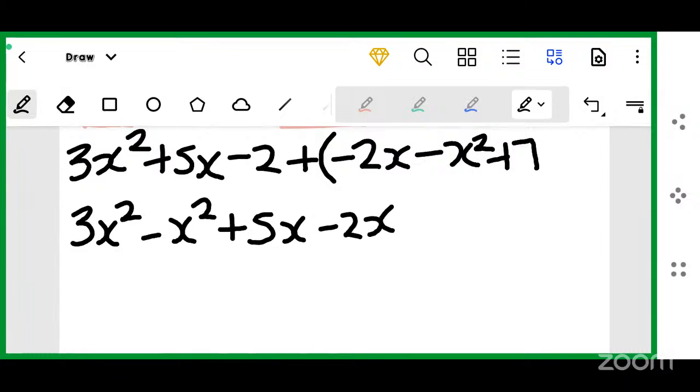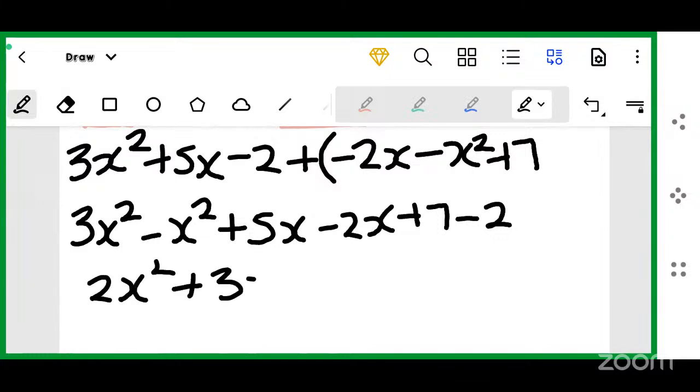And then I wrote plus 7 minus 2. And what was our answer? My final answer was 2x to the power of 2 plus 3x plus 5.